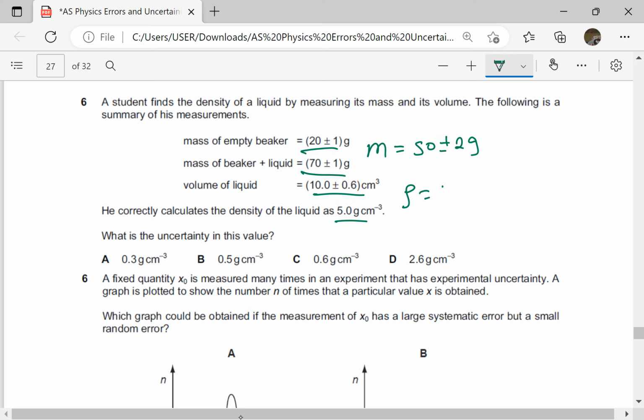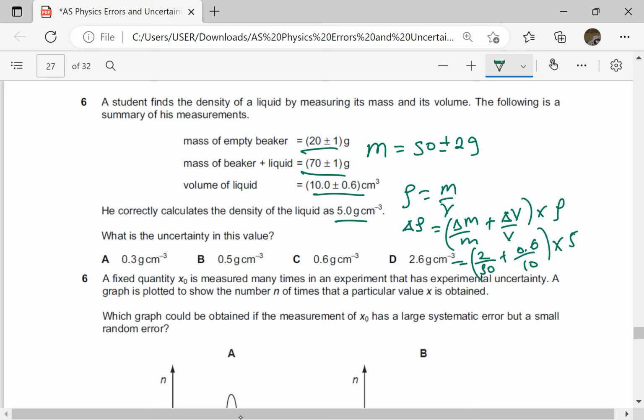So we know density is equal to mass over volume. So absolute in density is going to be absolute in m divided by m plus absolute in V divided by volume, then times the value of density. So for m it is 2 divided by 50 plus volume 0.6 divided by 10, then this will be times 5.